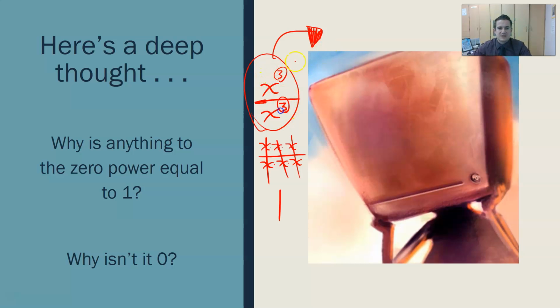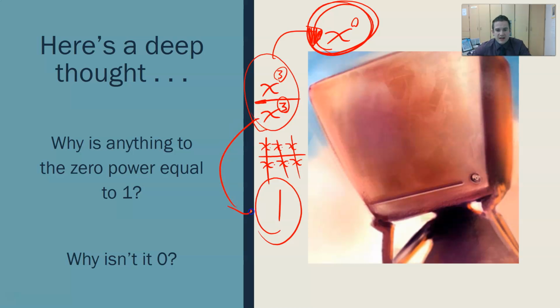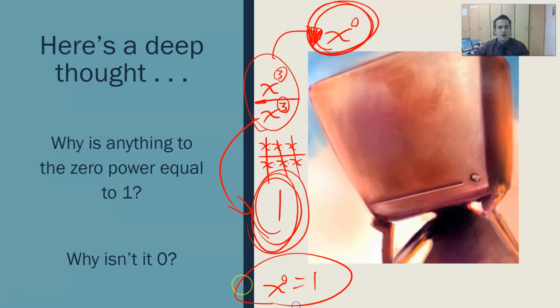If I take 3 minus 3, that gives me x to the 0. Well, I just showed that x to the 3rd over x to the 3rd is equal to 1, and I also showed that it's the same as writing x to the 0. So, x to the 0 and 1 are the exact same thing.